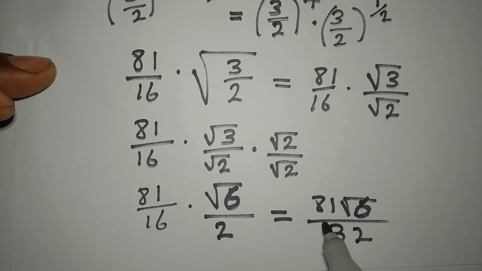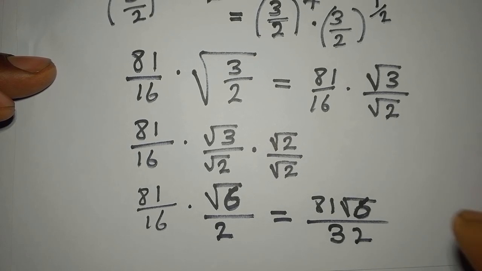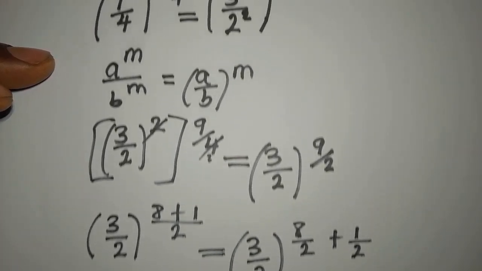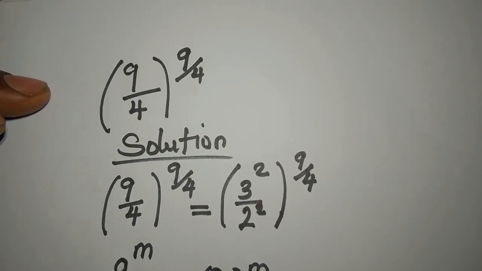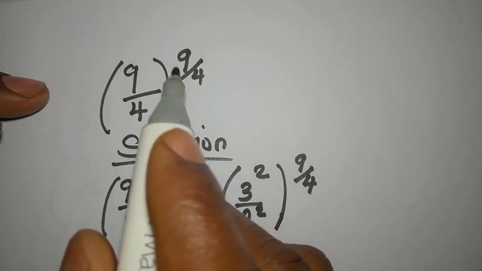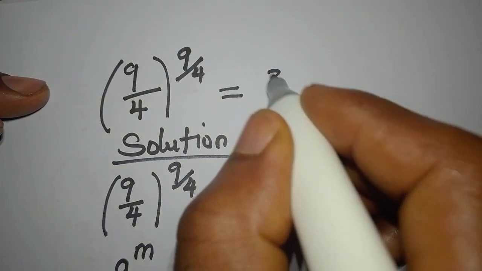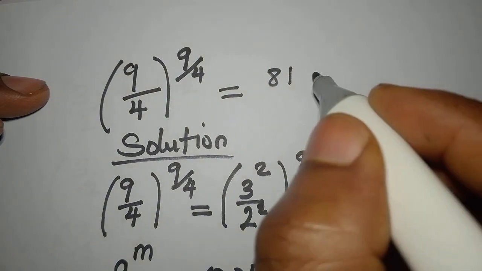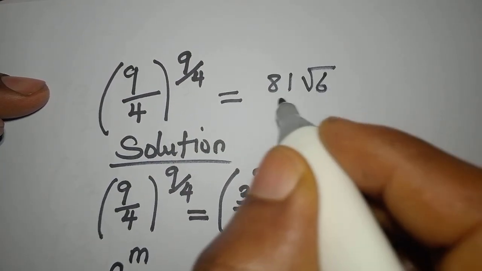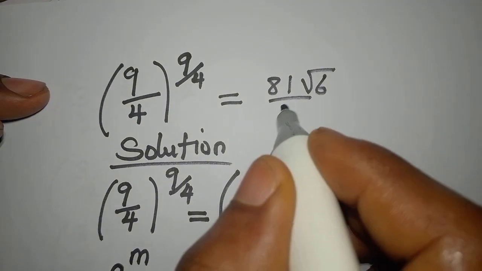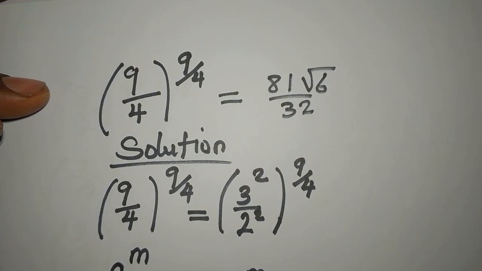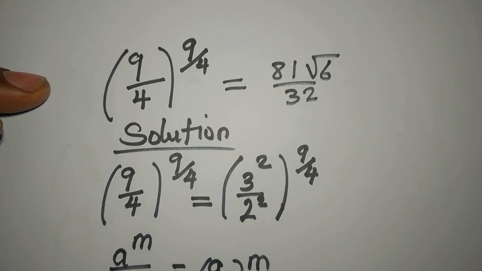We're having 81 root 6 over 32. So this right here, (9/4)^(9/4), is the same thing as 81 root 6 over 32.